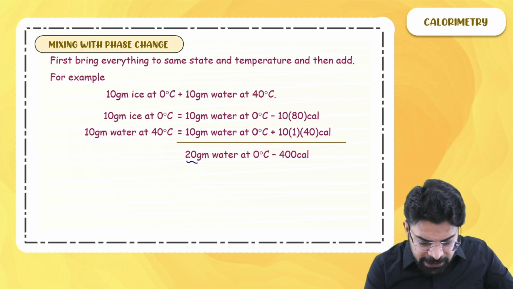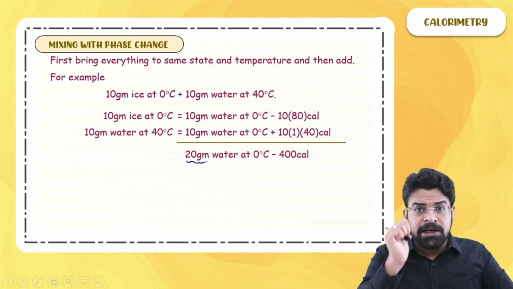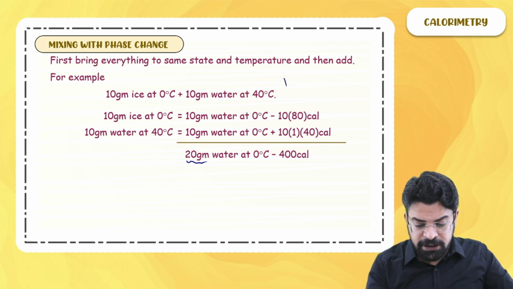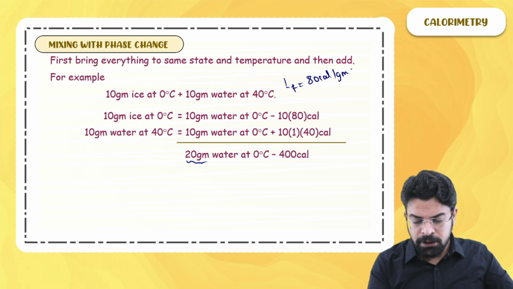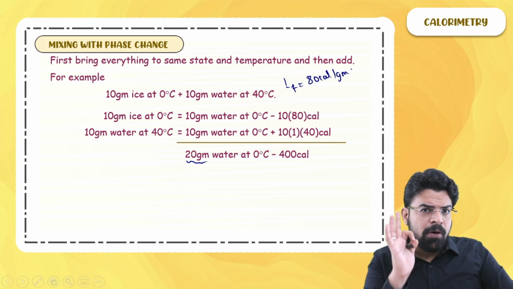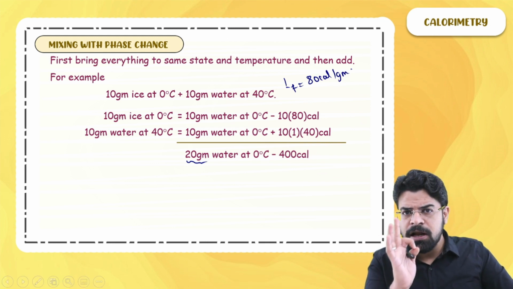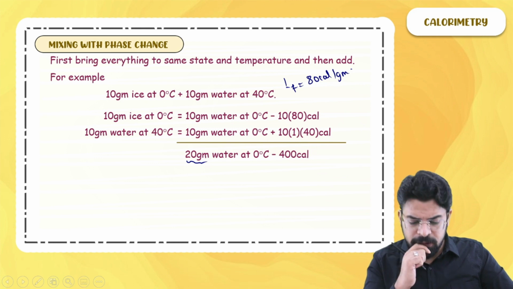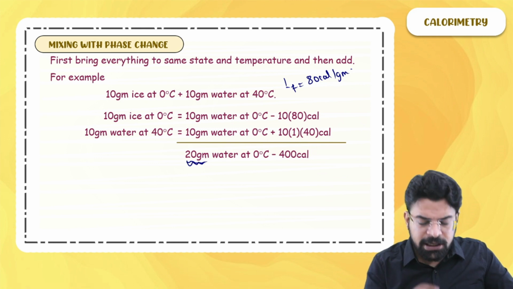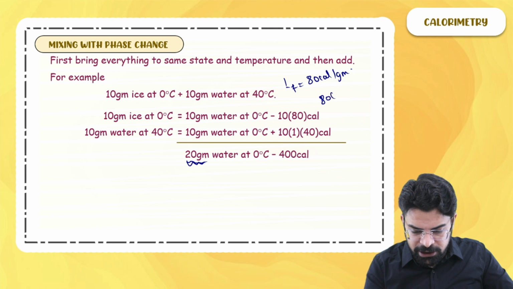Now to freeze the entire 20 gram, how much heat has to be extracted? We know that the latent heat of fusion for H2O is 80 calorie per gram. To convert 1 gram of water at 0 into 1 gram of ice, you have to take out 80 calorie. So as to freeze 20 gram, you will have to take out 80 into 20, that is 1600 calorie. But sir, we are taking out only 1/4 of it.